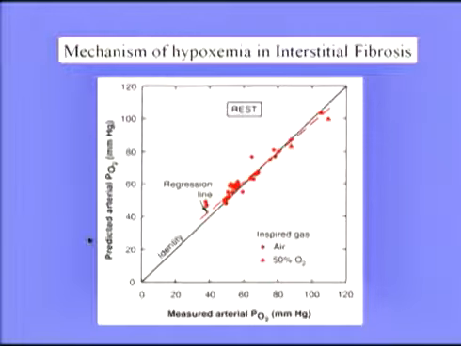With that technique, you can predict the arterial PO2 based on the amount of ventilation perfusion inequality. We found that at rest there was a good agreement between the predicted value based on VA/Q inequality and the measured value.